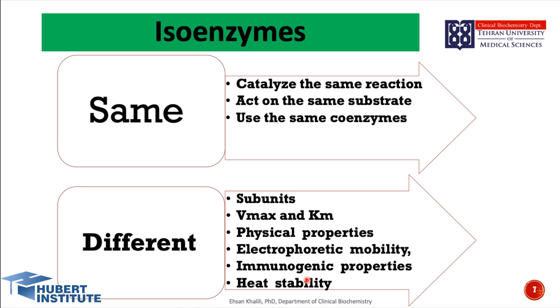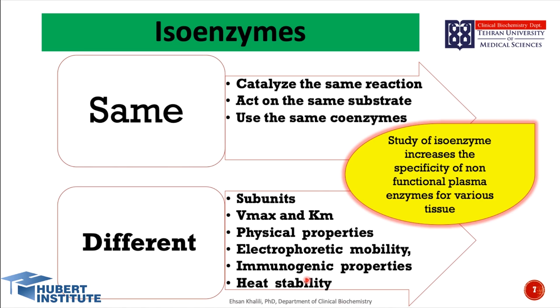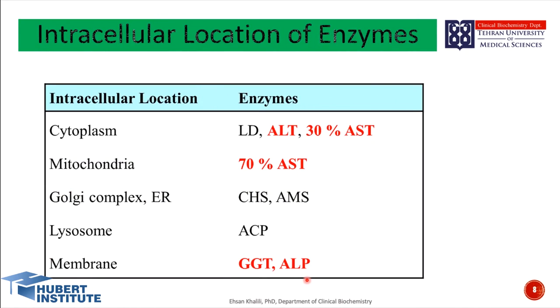So what's the importance of isoenzymes? Study of isoenzymes increases the specificity of non-functional plasma enzymes for various tissues. Knowing the intracellular localization of an enzyme helps us predict the severity of a problem, disorder, or disease.